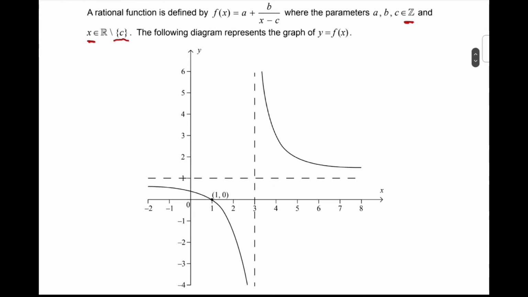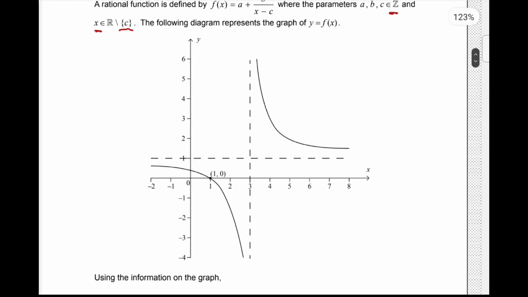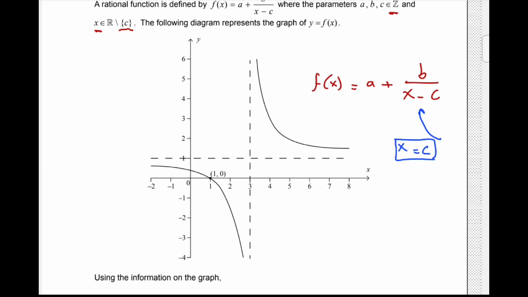Now this is the diagram of f of x, a plus b over x minus c. So we know that at x equal to c, this is not defined, because something over 0 is not defined.